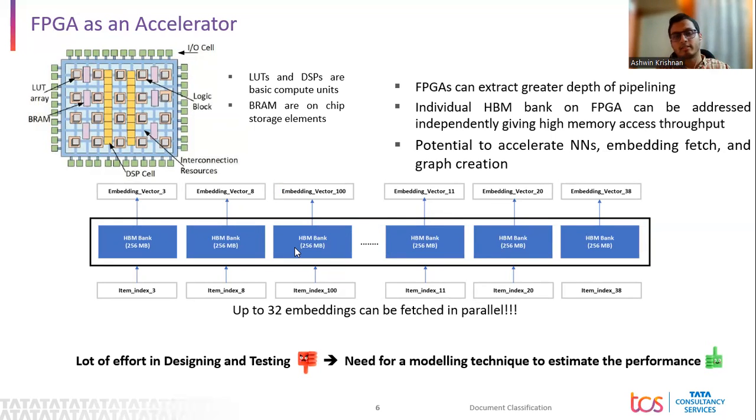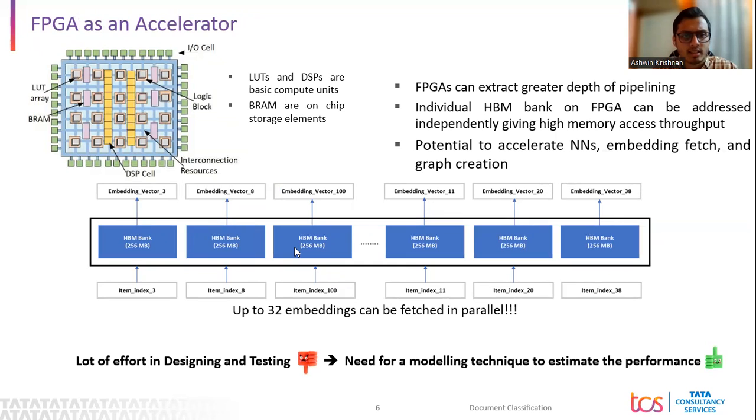And the thing with FPGAs is that individual banks of HBM can be addressed independently. So suppose we spread the item embeddings across multiple banks, different random embeddings can be accessed simultaneously, giving us a very high throughput. So overall, we see that there's a huge potential to accelerate neural network embedding fetch operations and graph creation using an FPGA.